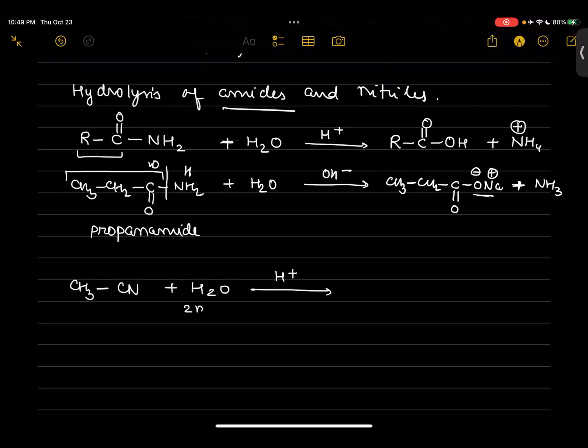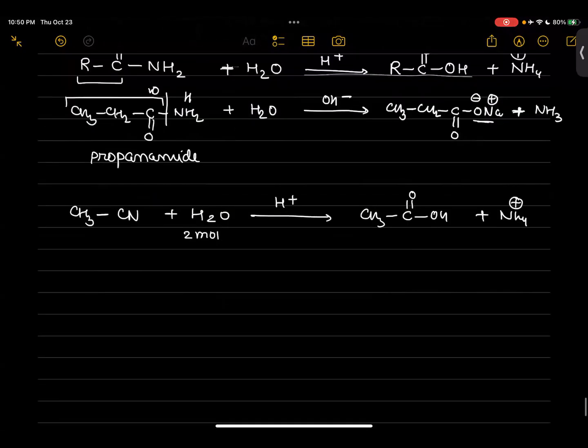Clear? Or they can be hydrolyzed in the basic medium also.